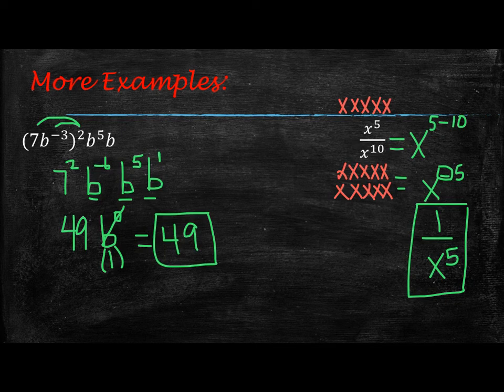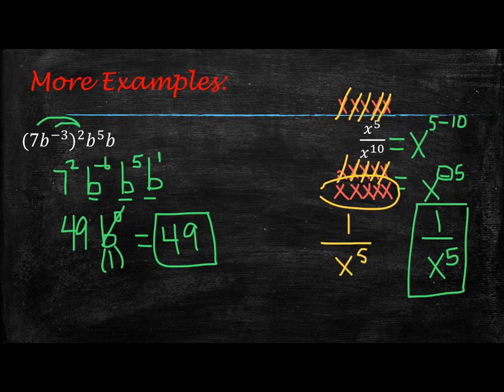Okay, well, what I have here is 5 x's that cancel. Now, where are my leftover x's? Well, they're in the denominator. I don't have any left on top, so I always have to mark that with a 1. But on the bottom, I do have x to the 5th left over.